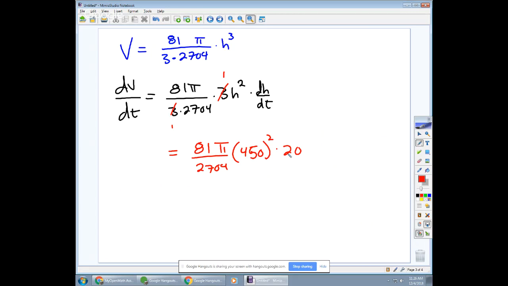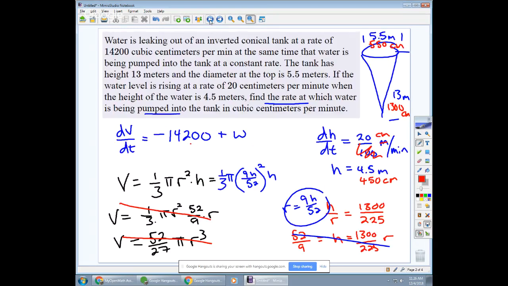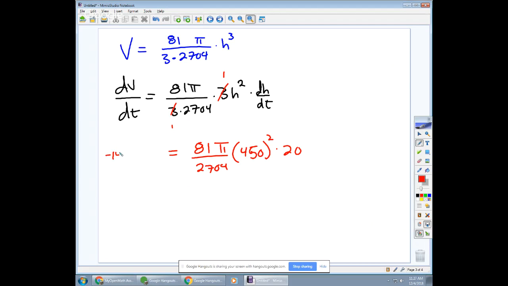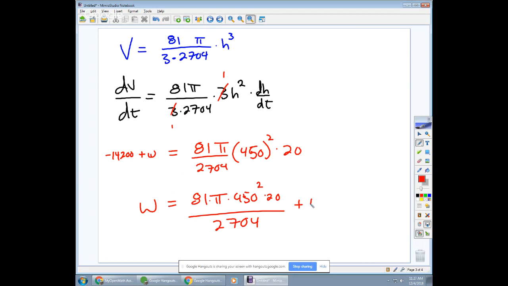On the other side, we take that initial information about the leak and solve for W. So the leak was negative 14,200 plus W. So dV dt is negative 14,200 plus W. If we just add the 14,200 to the other side, we should have W. So W should equal all of that. So that right there is our W.